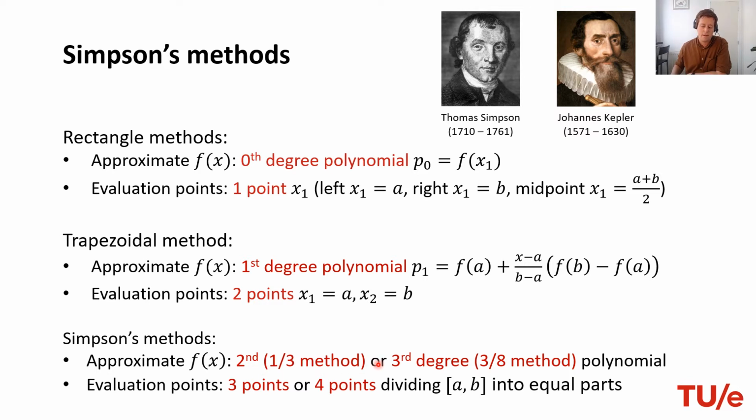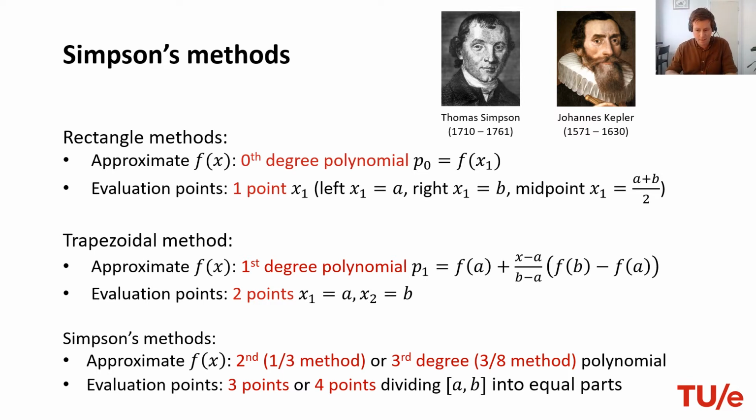Why we call it like that will become clear. Or a cubic polynomial, so a third degree polynomial, and that will lead to what we call Simpson's 3/8 method. And corresponding to this, we need 3 or 4 evaluation points dividing this interval AB into equal parts.